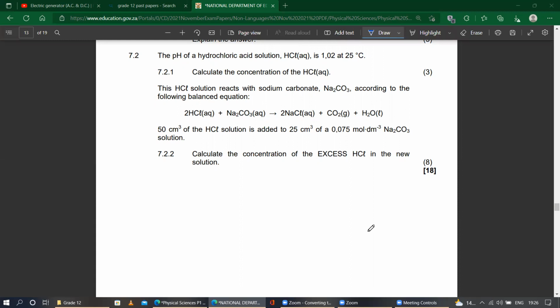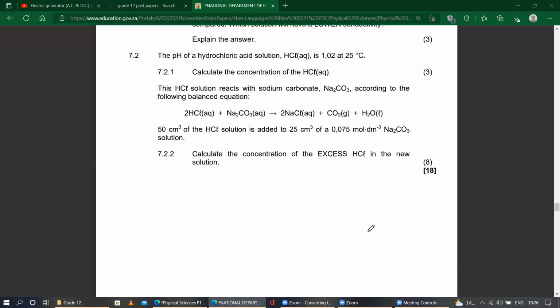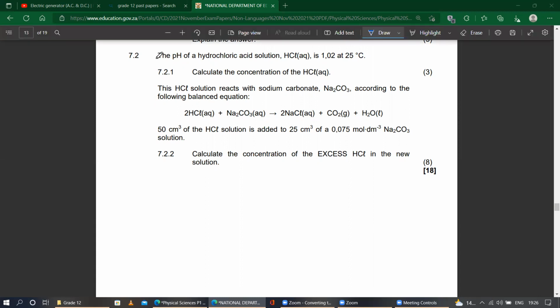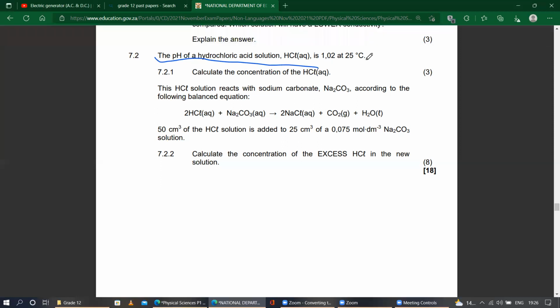Let's see. From this given information, can you guys form a relationship between the concentration and the pH?